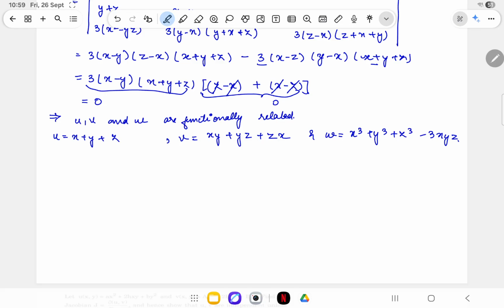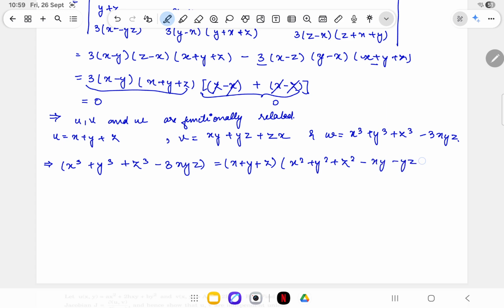Now, like we read a relation in high school, x cube plus y cube plus z cube minus 3xyz is equal to x plus y plus z into x square plus y square plus z square minus xy minus yz minus zx.